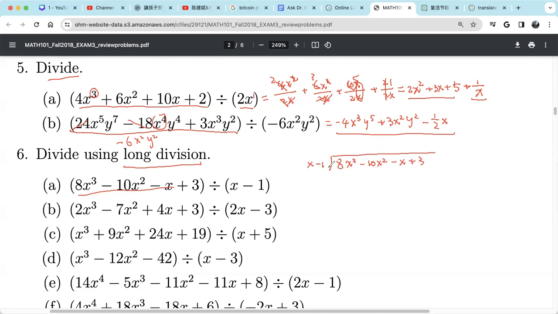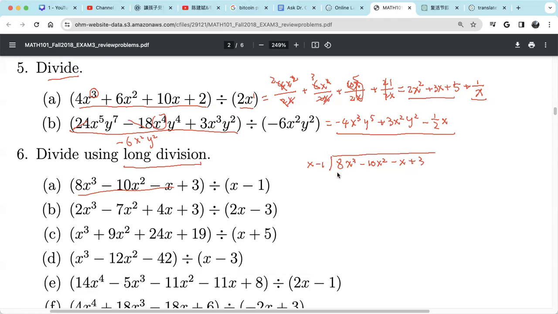Let me change my color. Our goal is to get rid of these terms one by one. So we want to put the quotient above this.